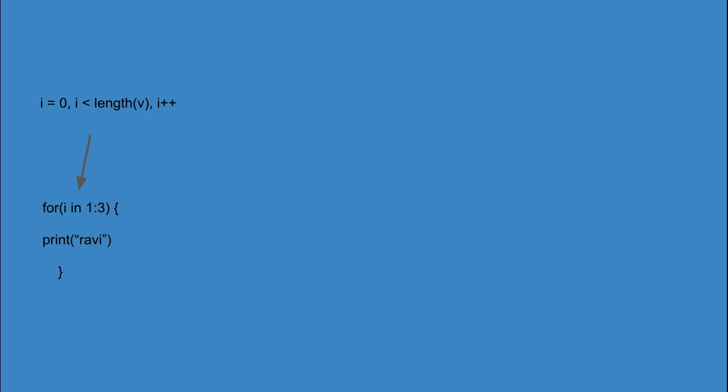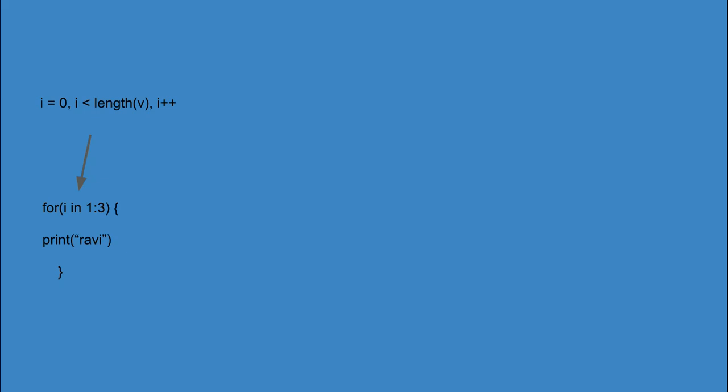Okay, so the first line is very confusing to understand, but this is basically a shortcut for this line, as you can see on my screen: i equal to 0 and i less than length of v. v here is a vector. If you see below, 1:3 is basically a vector.